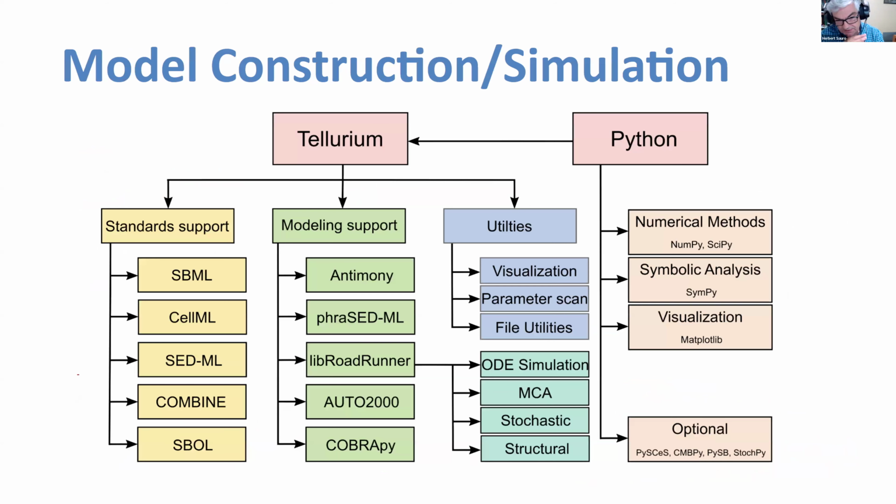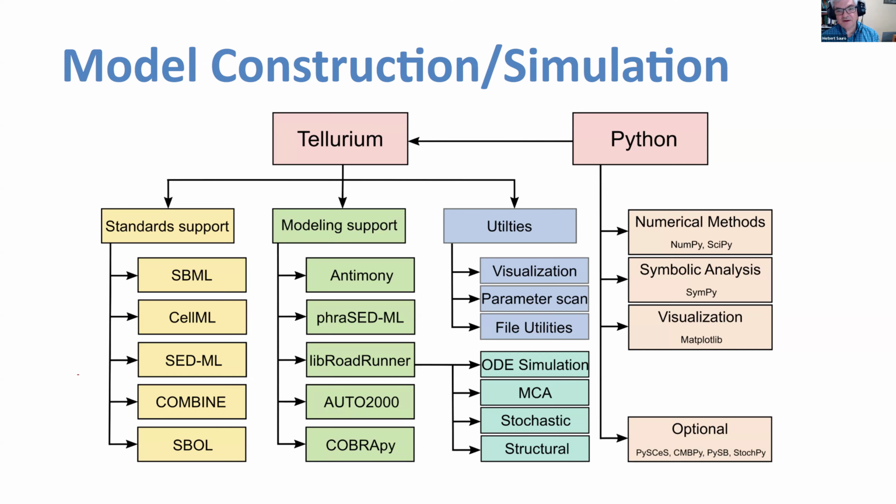This is more of a detailed map of some of the capabilities of Tellurium. So Tellurium has support for standards, modeling support, some utilities, and some differential equation support as well. And of course, you have all the Python support as well.